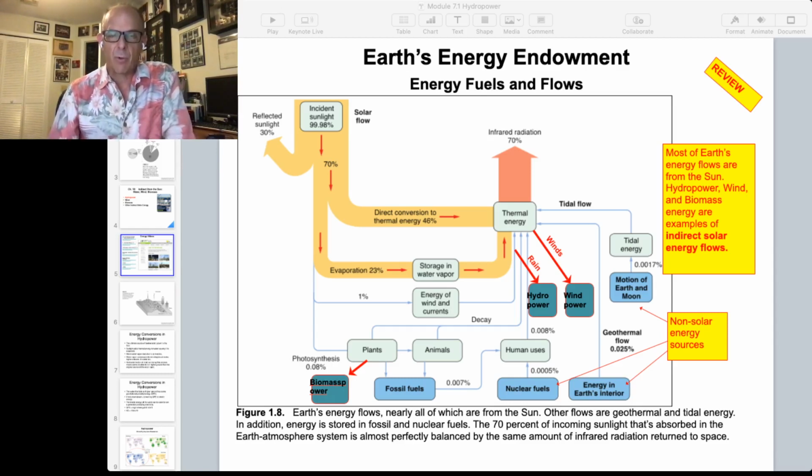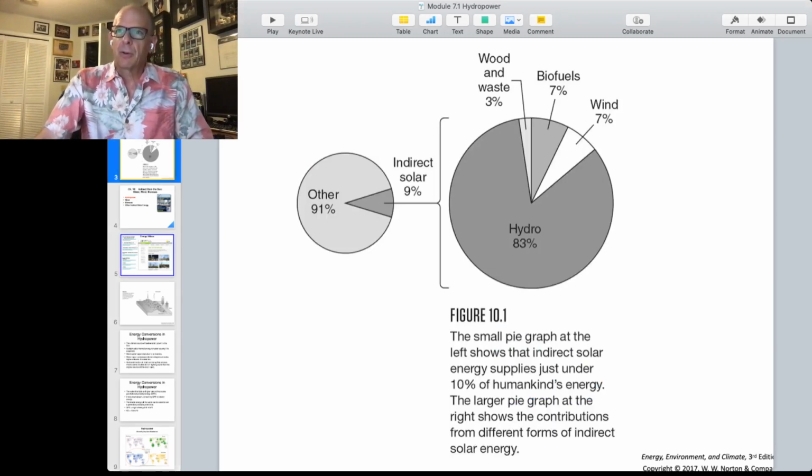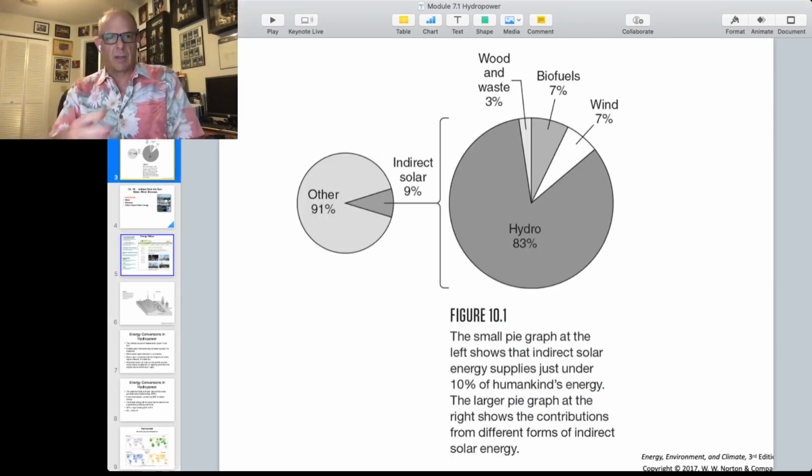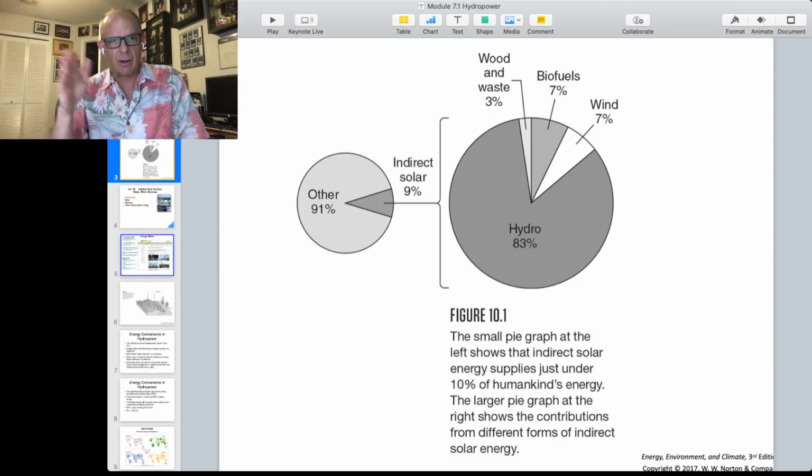Remember that only 0.01% of all of that solar energy would be enough to supply all of humanity's energy needs. And fully 23% of it is going into this evaporative process. So that's the basic energy transformation story that leads to what we call hydropower.